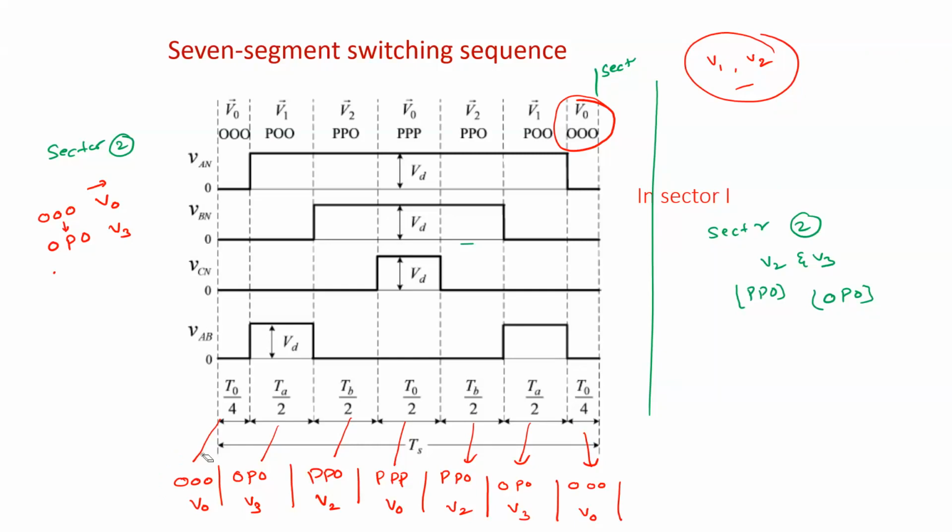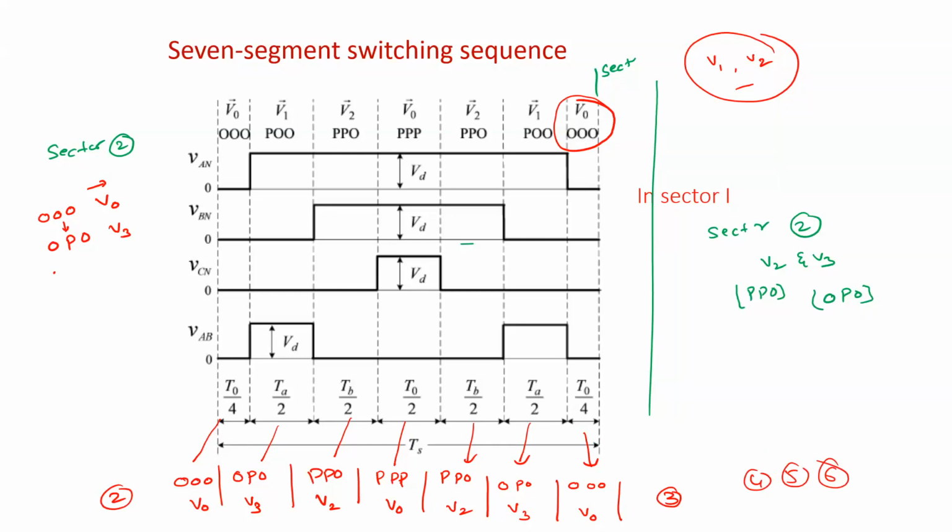Understood? This procedure is continued for sector 2, and similarly for sector 3, sector 4, 5 and 6.